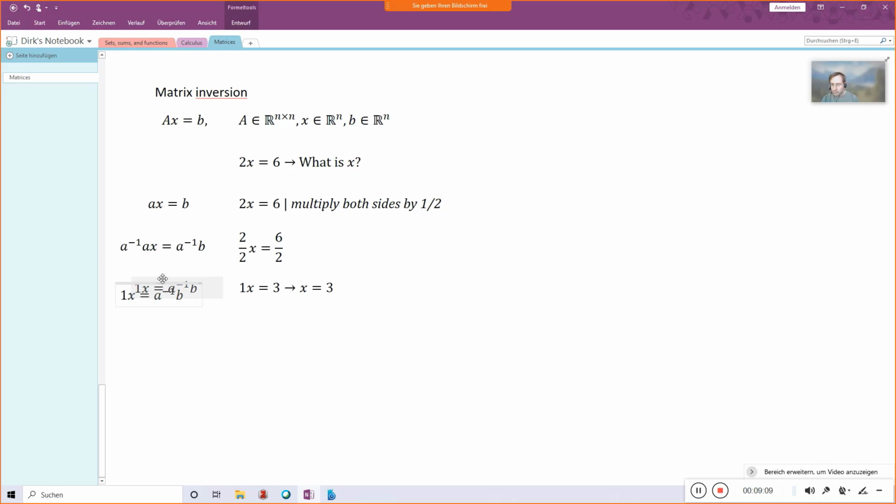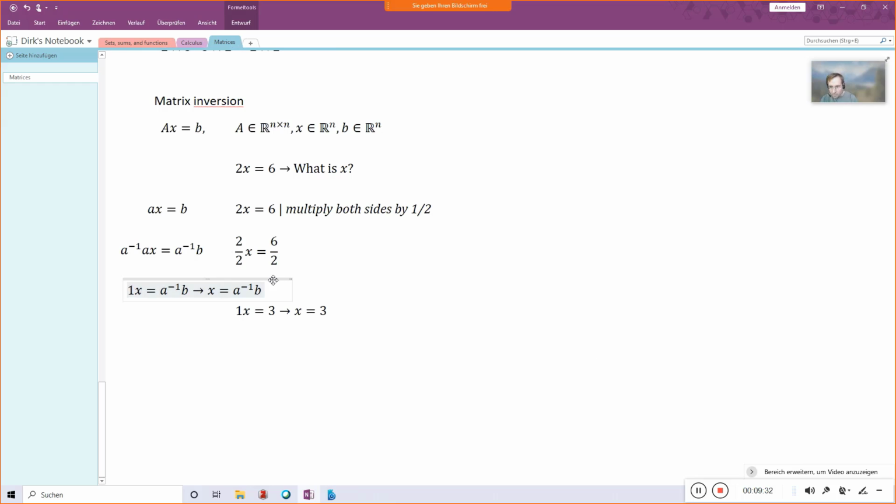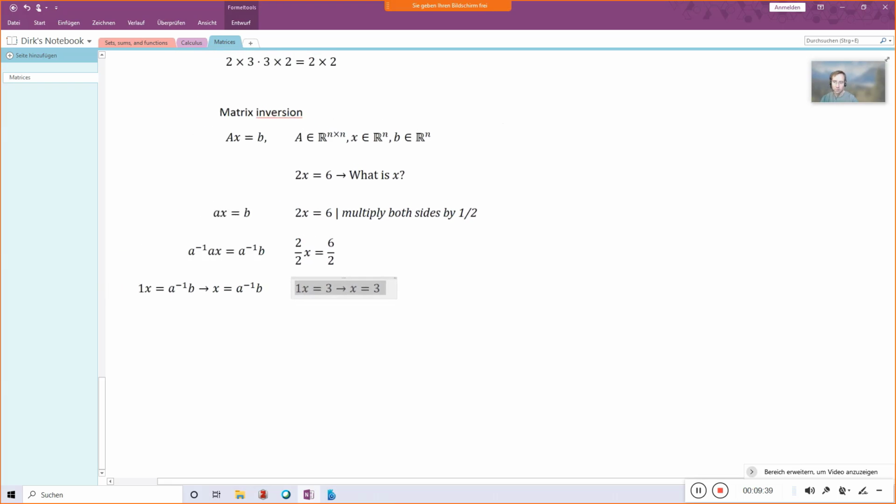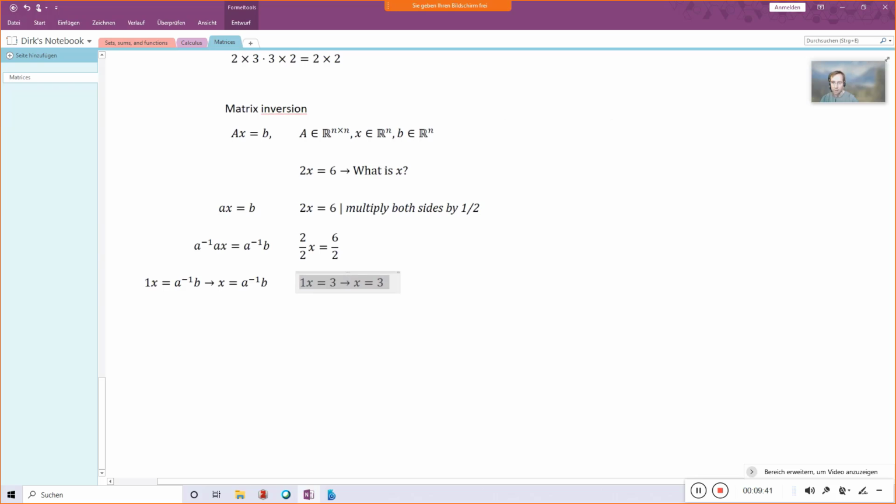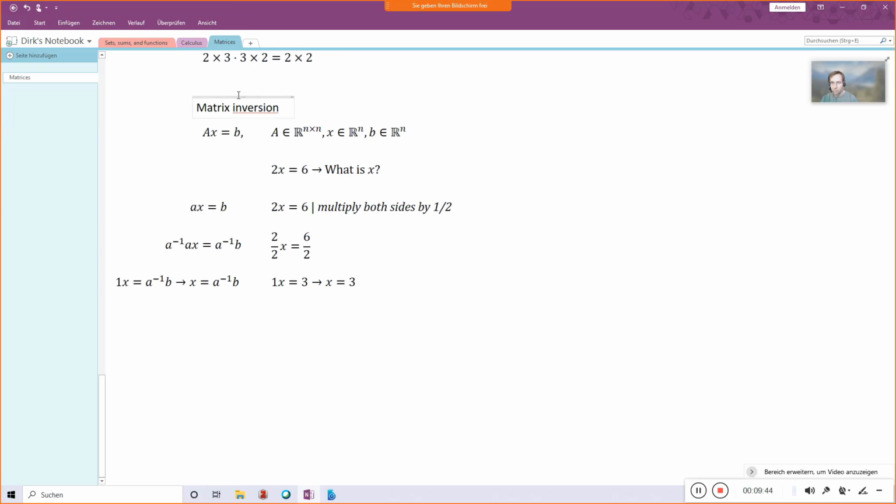And on the other side we still have our a to the power of -1 times b, and from this we derive that x is a to the power of -1 times b. So this is just restating what we've seen in terms of numbers, stating this again in algebraic terms.